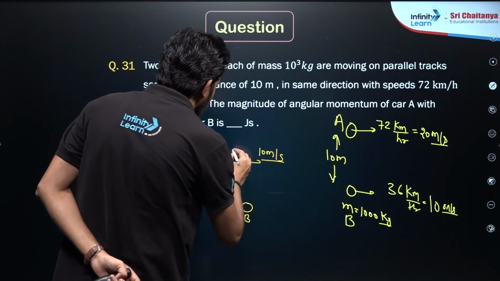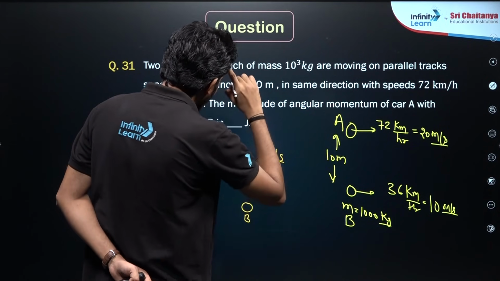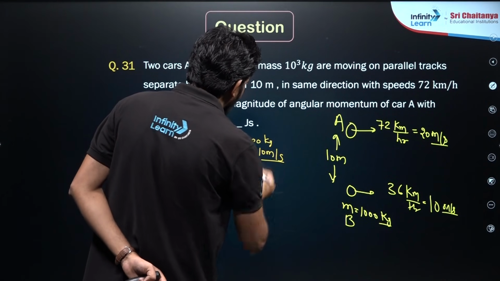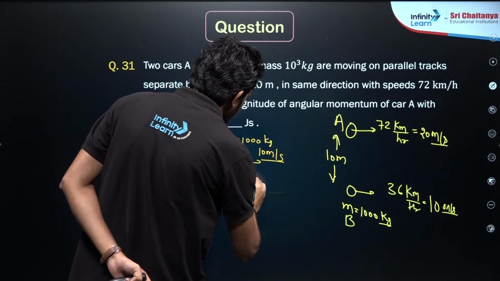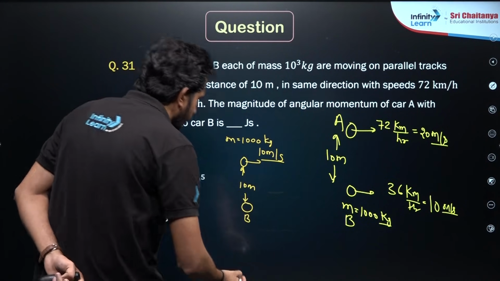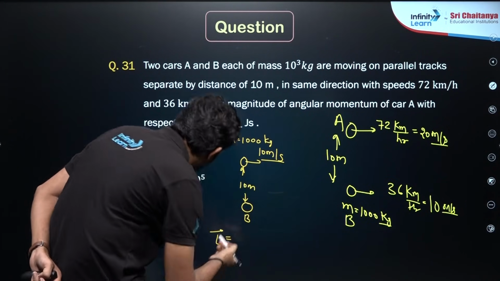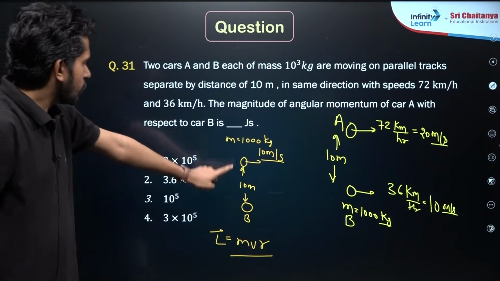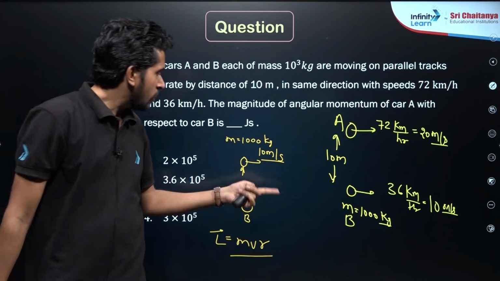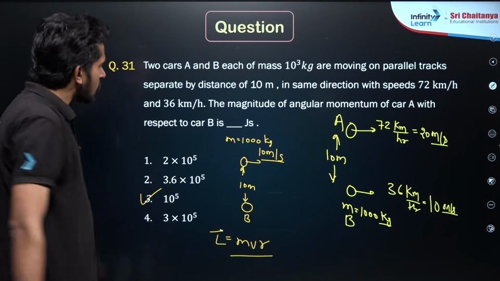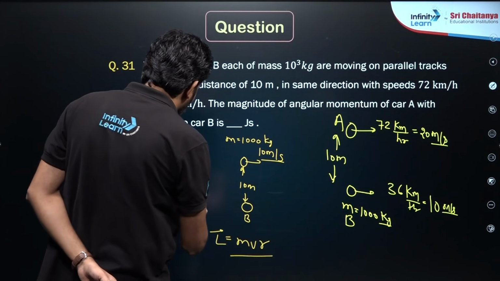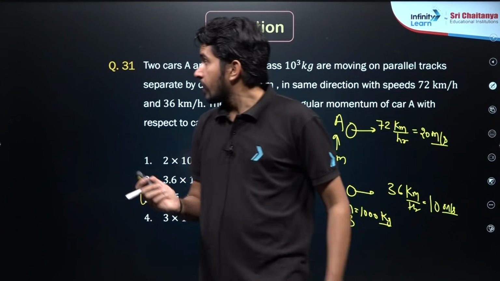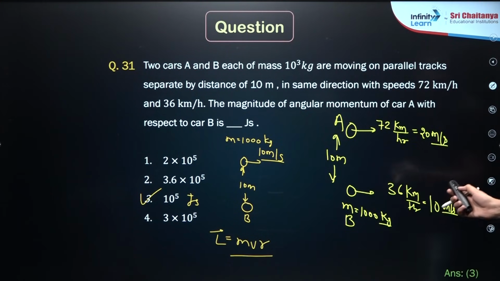Mass is 1000 kilograms, separation is 10 meter. So angular momentum L would be mvr, simple formula. So 10 raised to 3 into 10 into 10, that is 10 raised to 5. Option number 3. And unit would be joule second. Understood? Again simple problem.